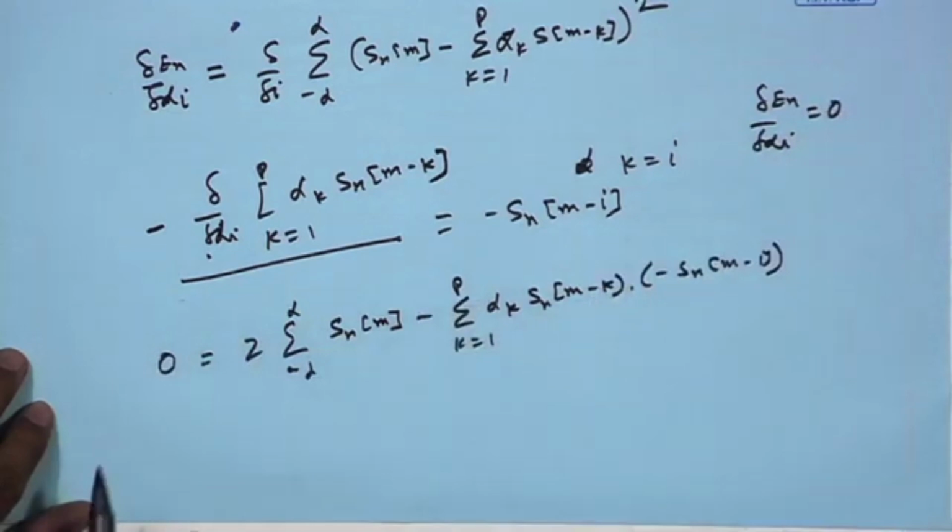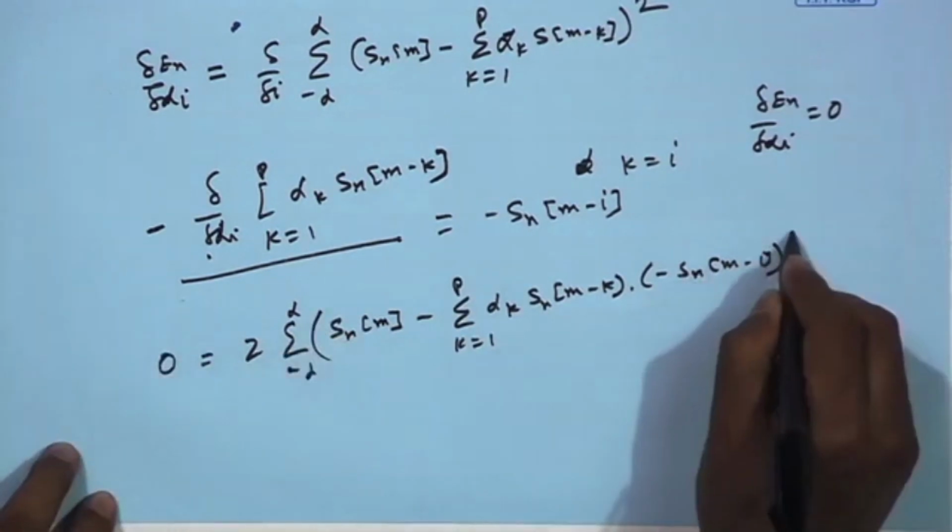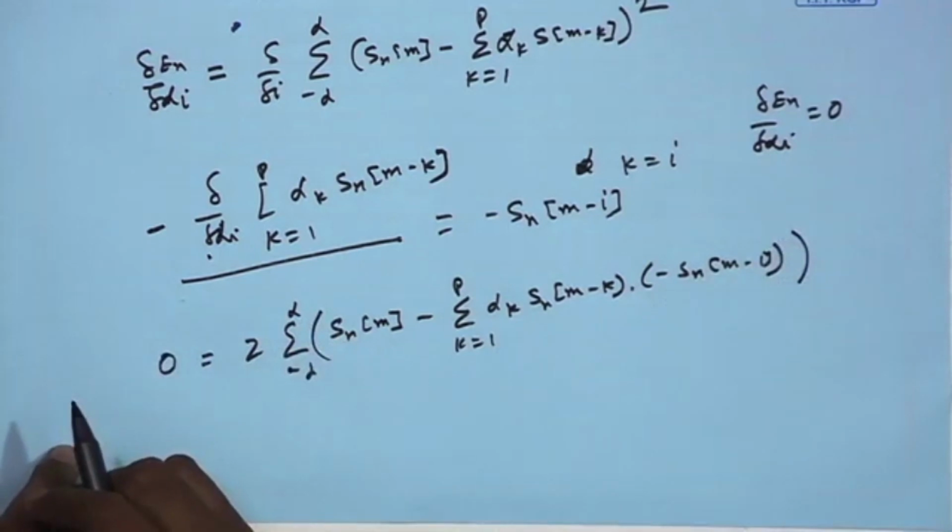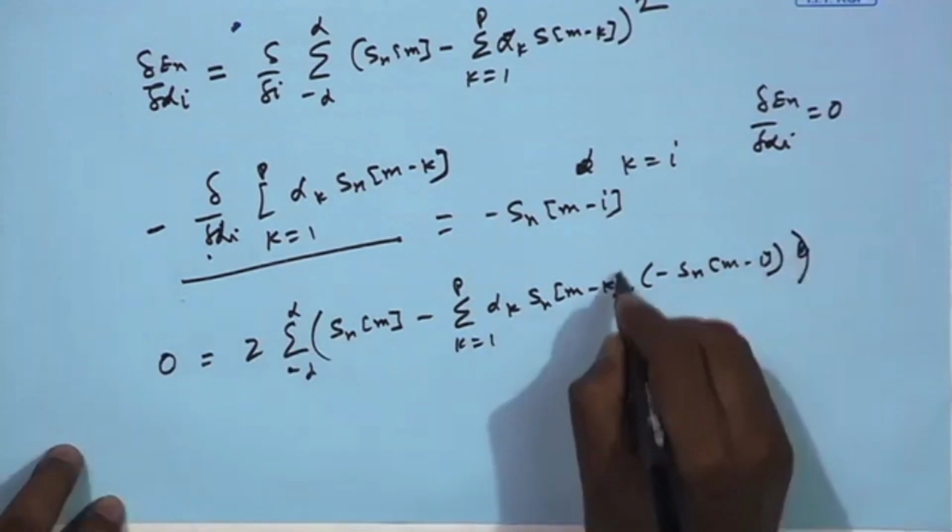So, 0 is equal to this, which means this is equal to this. There will be a bracket in here also, sorry, a bracket in here.